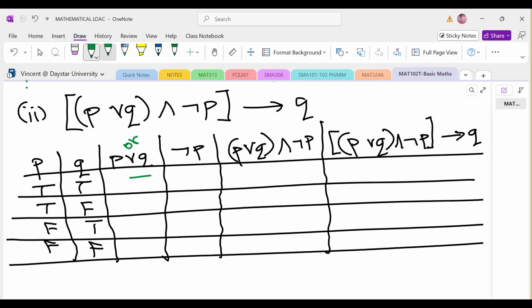True, correct. True or false? True. False or true? True. False or false? False. So you complete. Then here we are negating P. So the first is F, F, T, T. Correct.